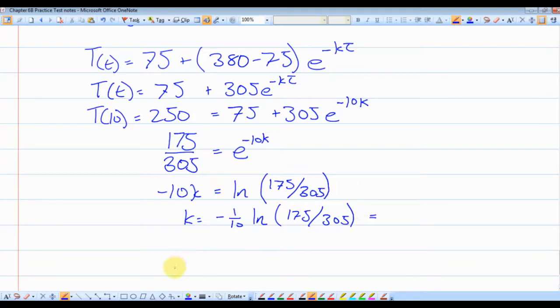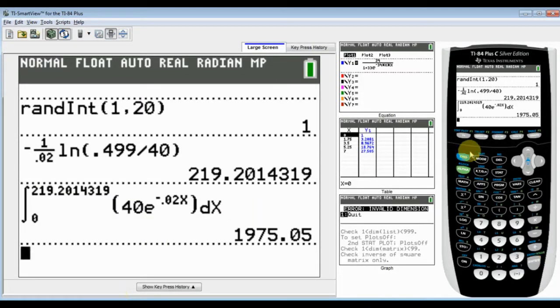which is equal to, time to grab the calculator. I'm going to actually do it on the calculators.